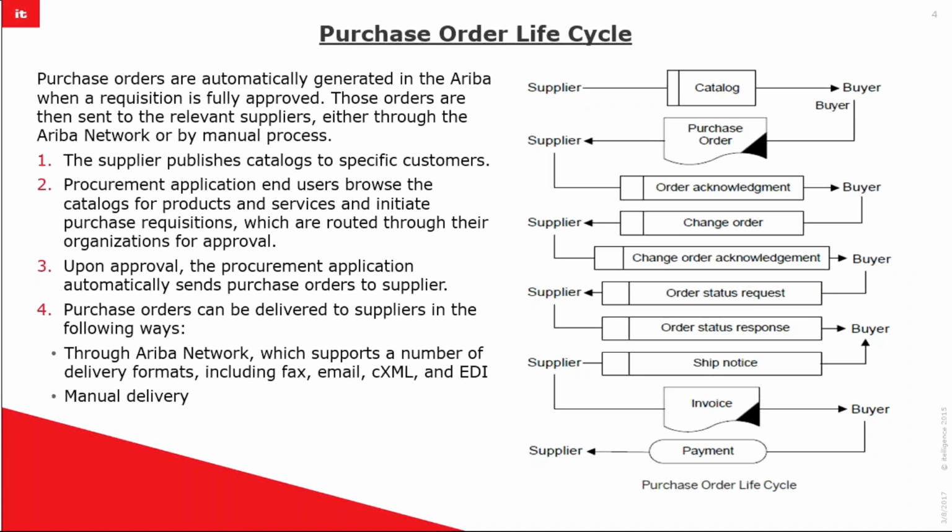So what they do is maintain their own site with the catalog, where when we do a requisition and select a punch-out item, we have to go to their website, select the line item, and check out from there. So that's the reason it's known as punch-out. From their side, we select the line item, we punch out from there, and we get back to our Ariba site. So these are the three types of catalogs available in Ariba.